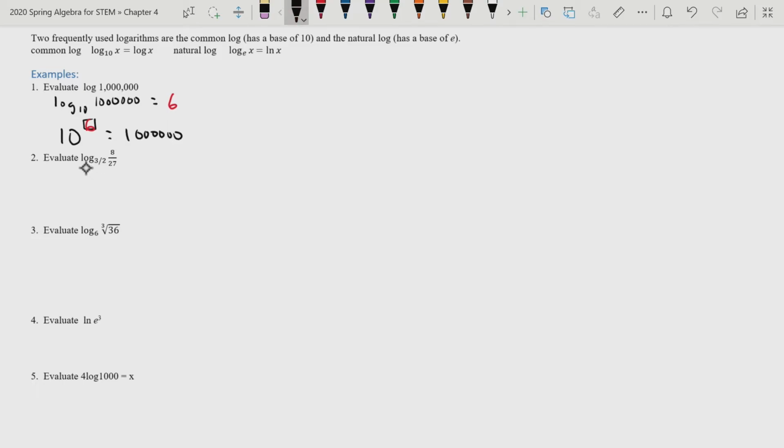What is the log base 3 halves of 8 over 27? What's the exponent on 3 halves that gives 8 over 27? Now 8 over 27 is 2 to the 3rd power over 3 to the 3rd power.